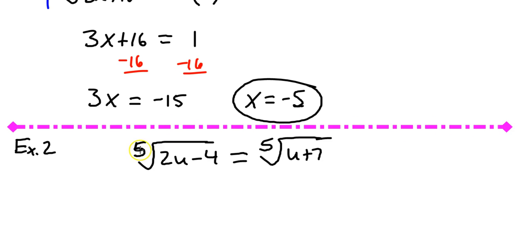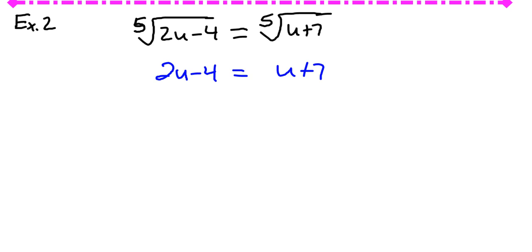Okay, you've got fifth root on one side, fifth root on the other side. So if they're both fifth roots, you can just get rid of the roots and just do 2u minus 4 equals u plus 7.